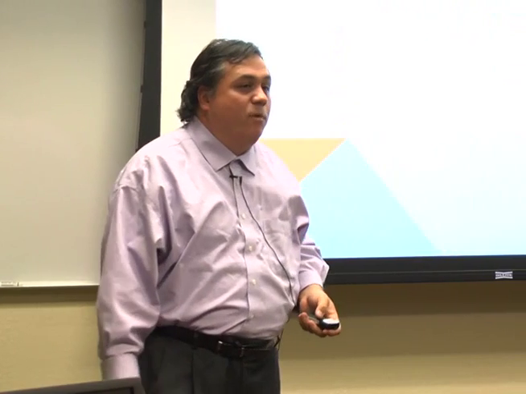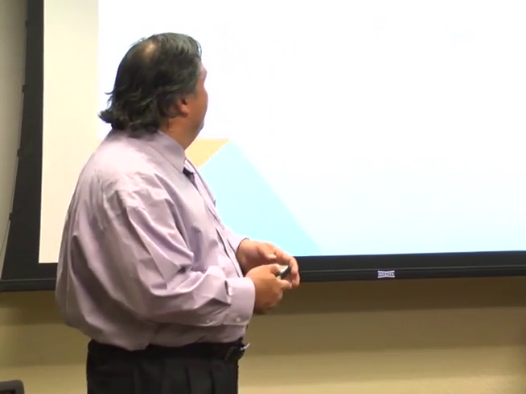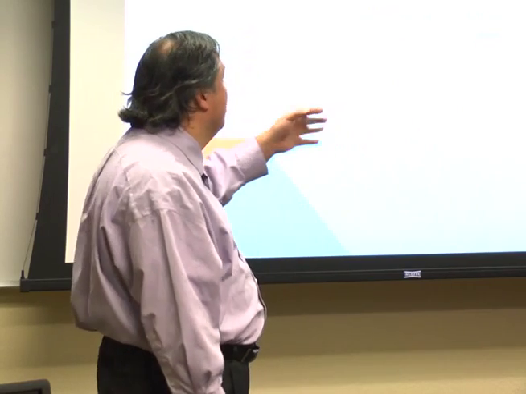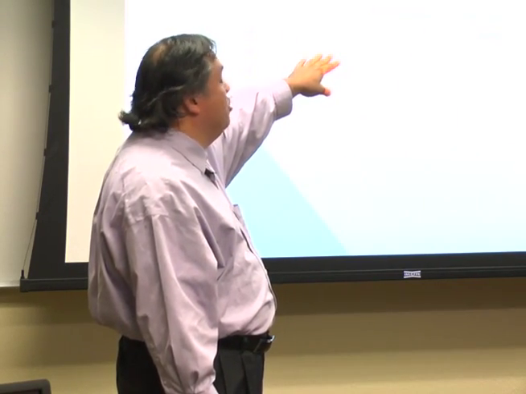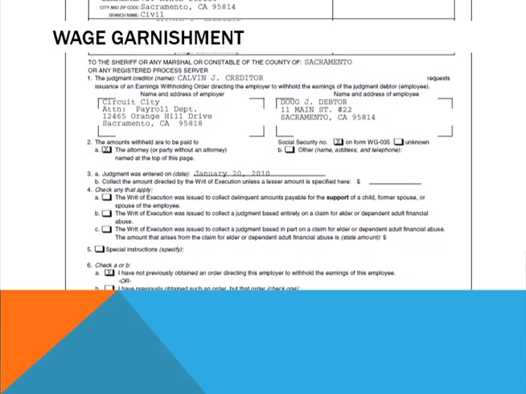Now, they used to have a spot on this form to write down the last 4 digits of the person's social security number, but since there's heightened concerns about identity theft, because this document will eventually be returned to and filed with the court by the sheriff, they have a form now, WG-035, that if you know the person's social security number, you're going to fill out on that form. Otherwise, you just indicate that it's unknown.